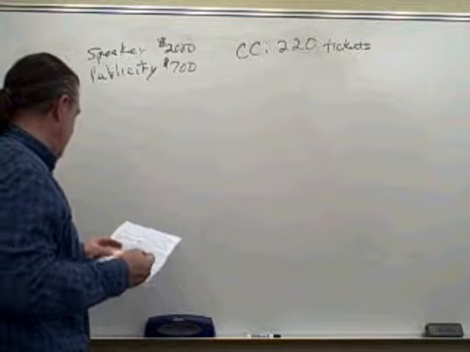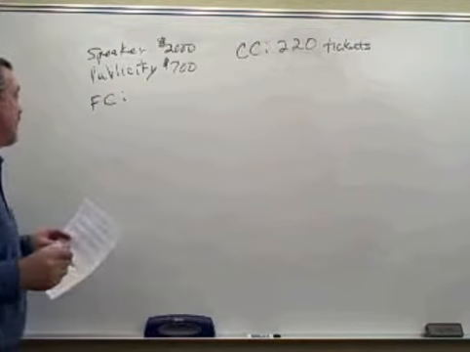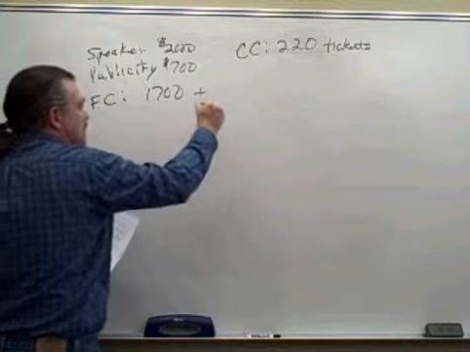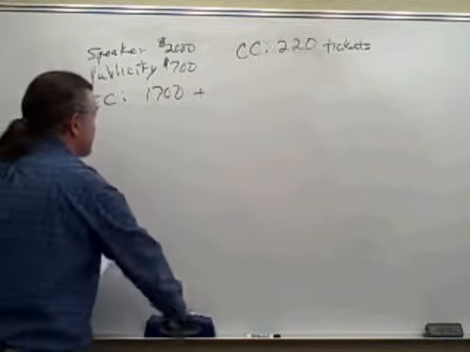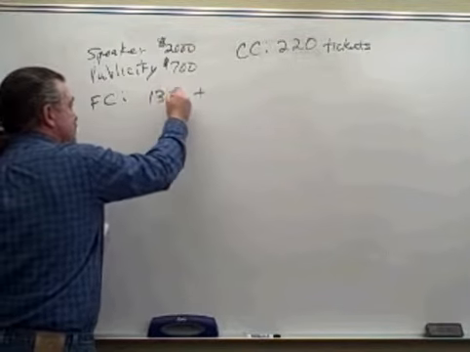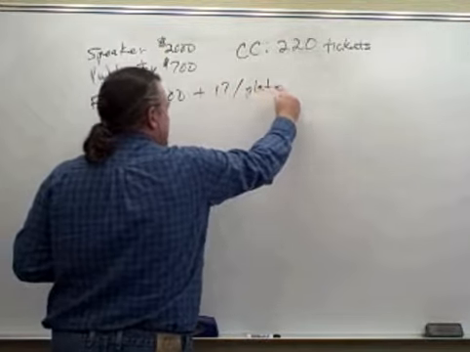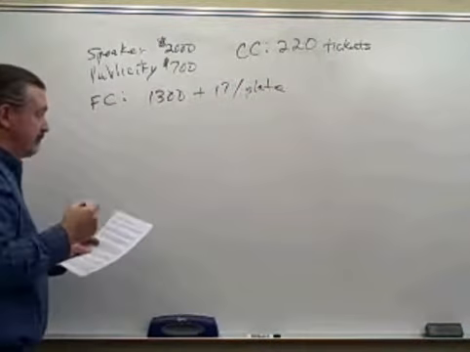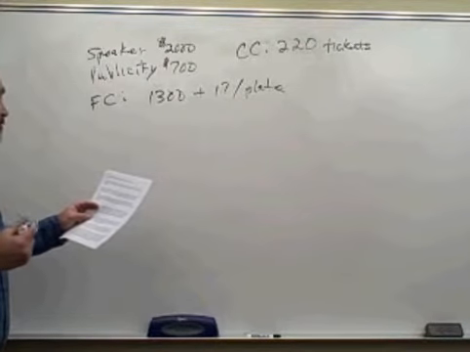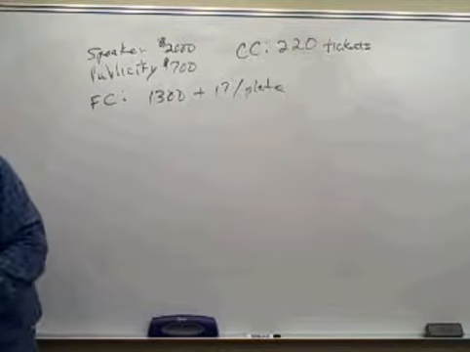So if we have the fundraising dinner at the Farrell Center, it's going to cost $1,300 plus $17 per plate. If the admission charge remains $35, how many tickets must be sold to break even at the Farrell Center?